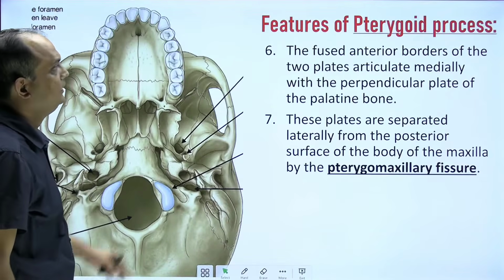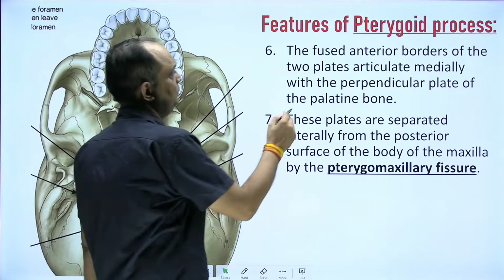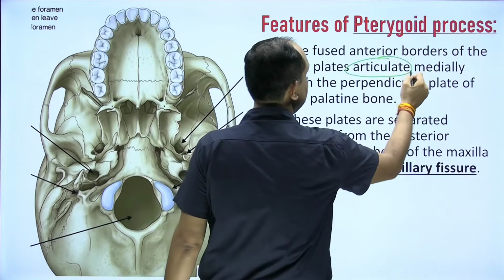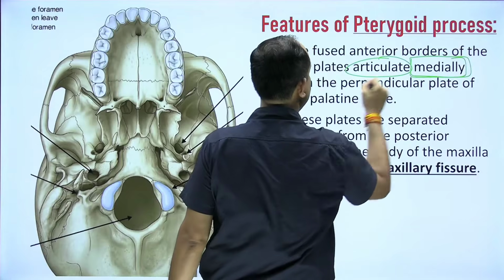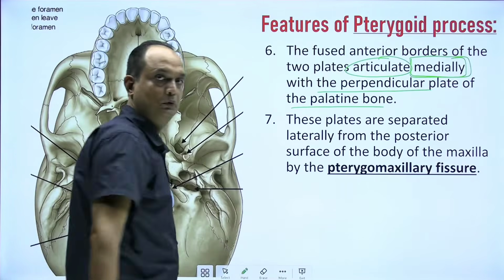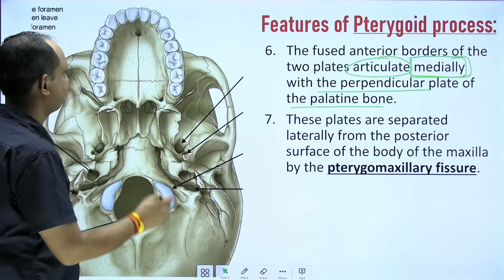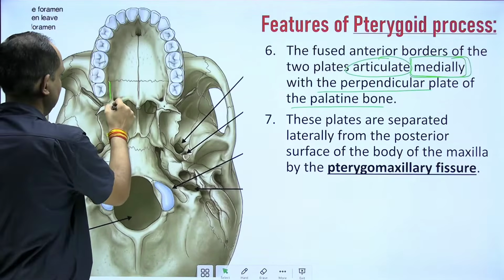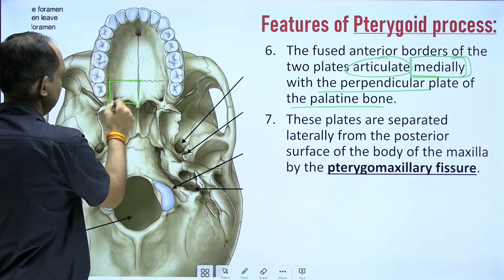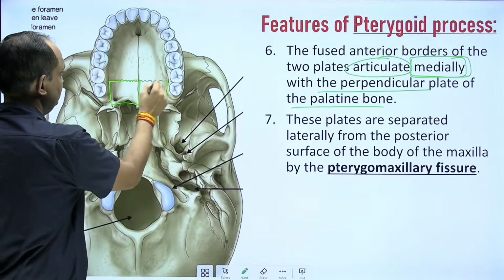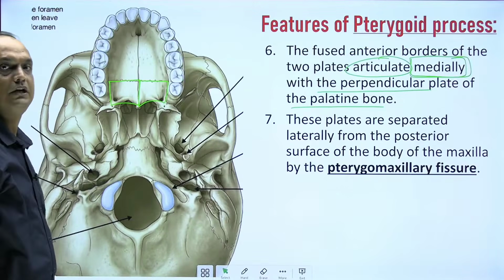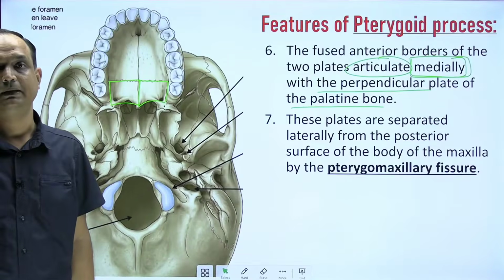pterygoid process. So, the fused anterior border of the two plates articulates medially with the perpendicular plate of the palatine bone. Now, this is what you have to understand, that this is your palatine bone. This is the horizontal process of the palatine bone, which forms the posterior part of the hard palate.